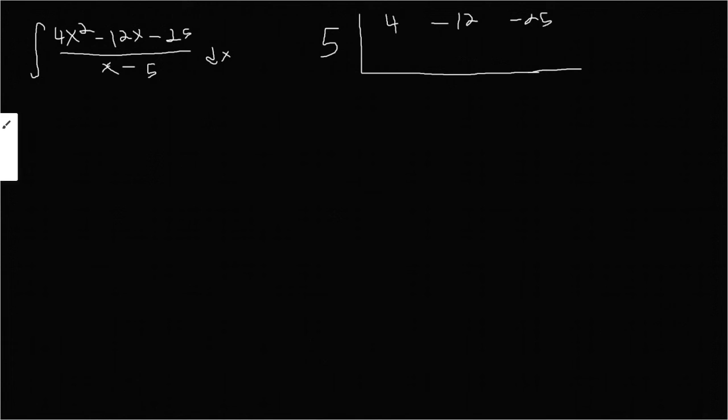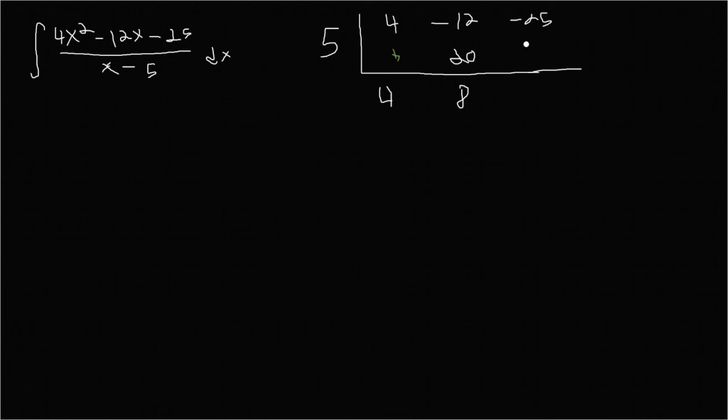And so how you do synthetic division is you bring this first number down. And so we have 4. And then we're going to multiply these numbers. And so 5 times 4 is 20. And then you're going to add each of these columns instead of subtracting like in long division. So this is going to be an 8.